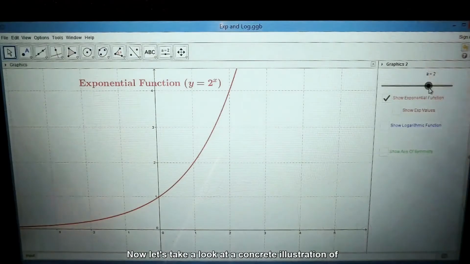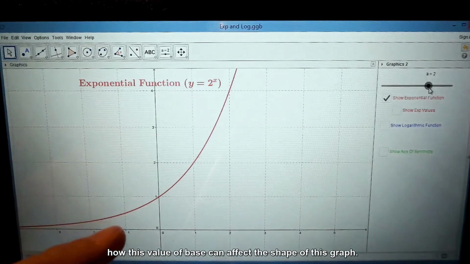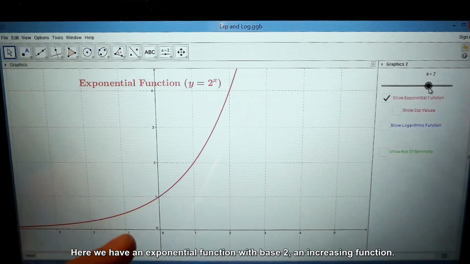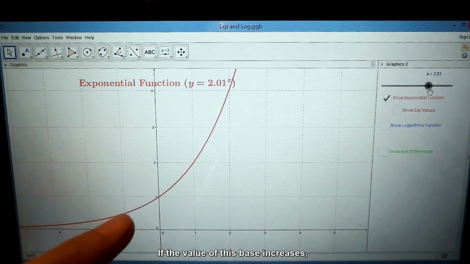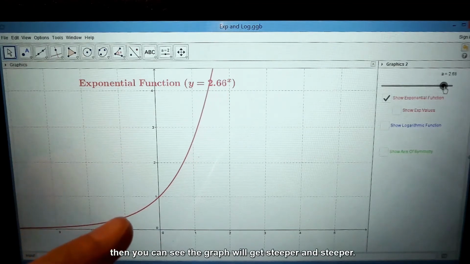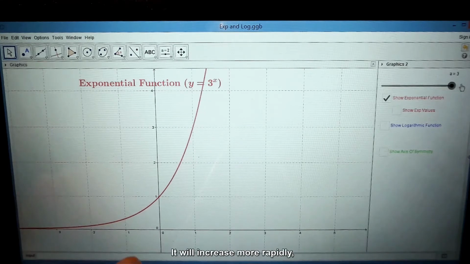Now let's take a look at a concrete illustration of how this value of base can affect the shape of this graph. Here we have an exponential function with base 2, an increasing function. If the value of this base increases, then you can see the graph will get steeper and steeper. It will increase more rapidly.